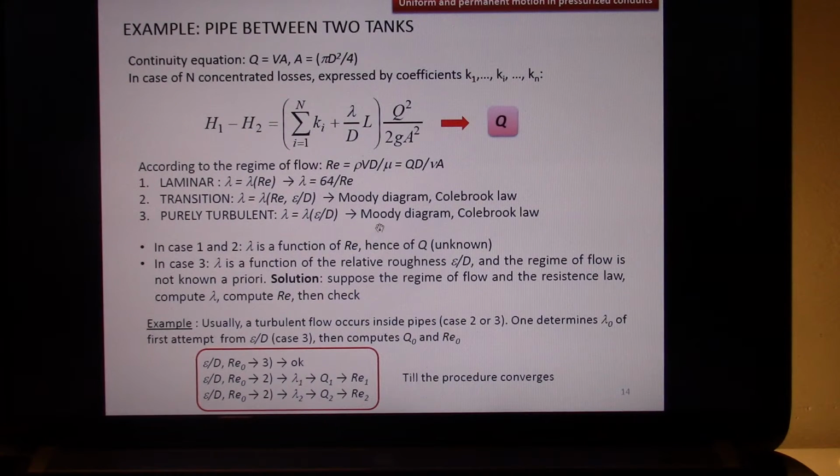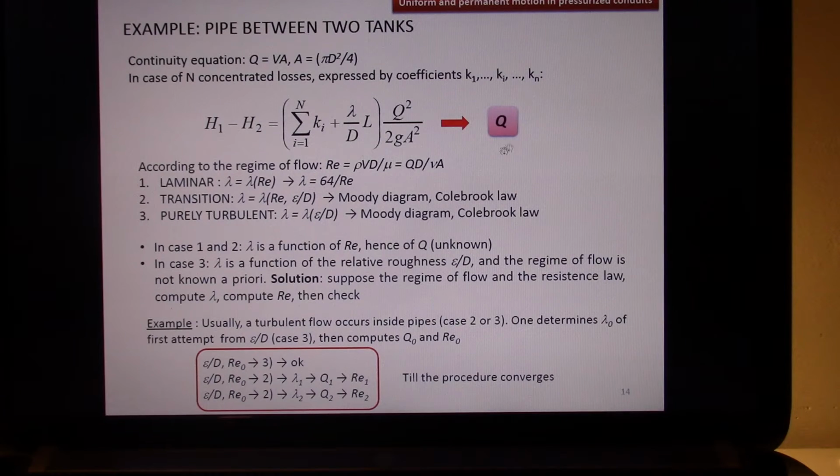Hence, basically, I compute lambda 0 from the Moody diagram, and once I determine lambda 0 of the first attempt, I compute Q0 from this, and then one, of course, has not finished the problem, because remember that we don't know anything about our lambda.